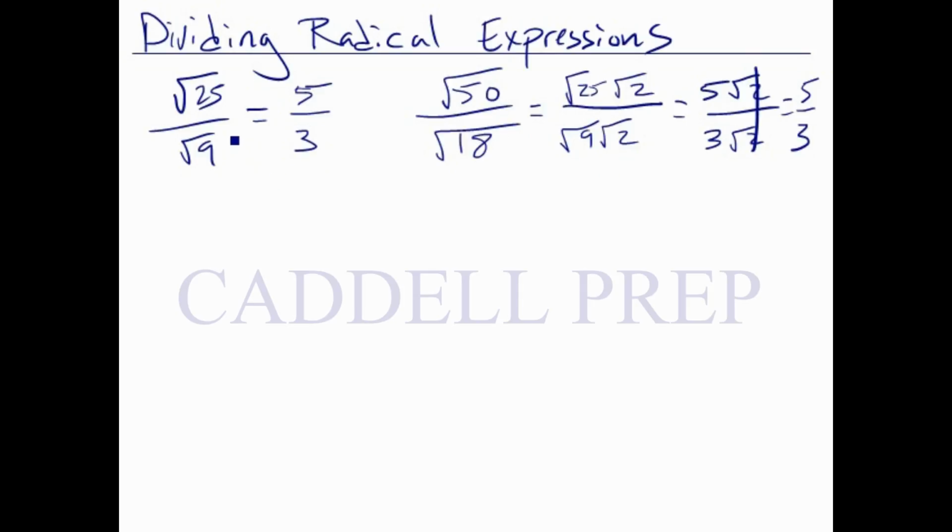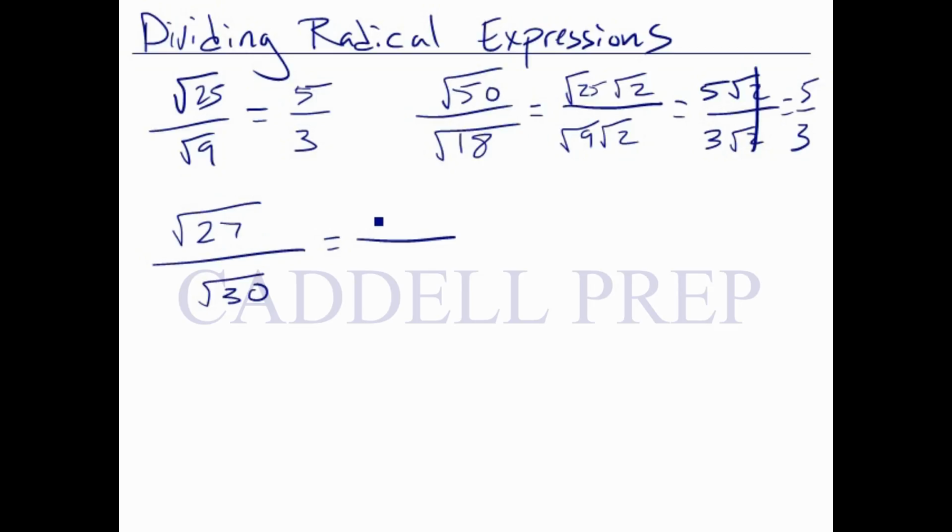Of course, they're not all going to work out like this. So let's look at another example. Radical 27 over radical 30. Let's break this down. What goes into the square root of 27?